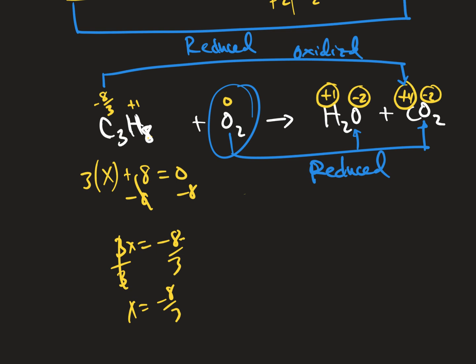So oxygen is both oxidized and reduced in that one. But you can see one of them goes down, one of them goes up, right? So that's just the way it is. In H2O2 going to H2O plus O2, the oxygen is both oxidized and reduced.